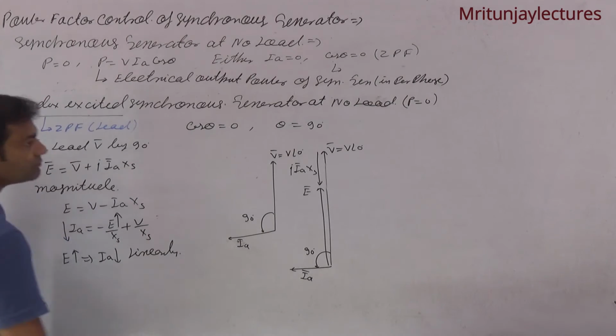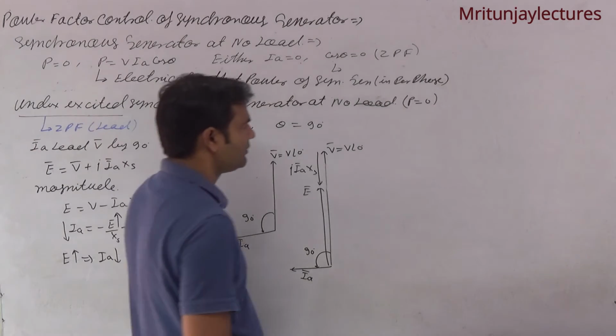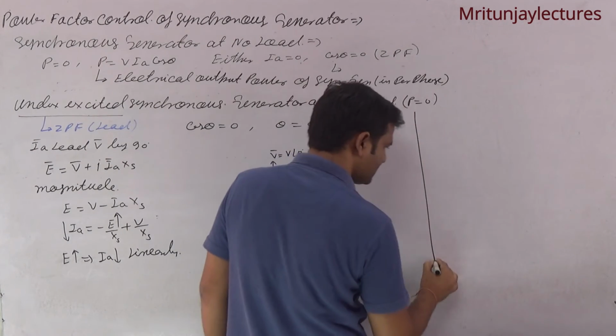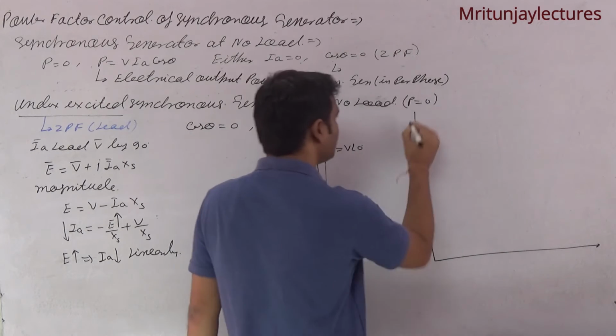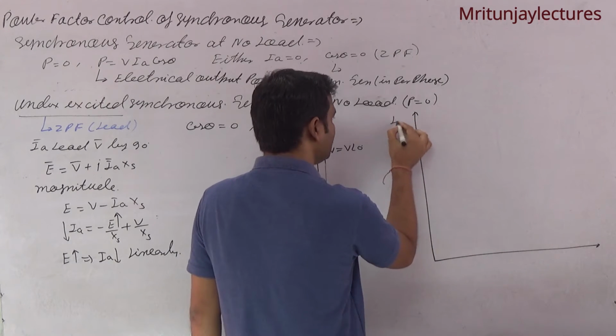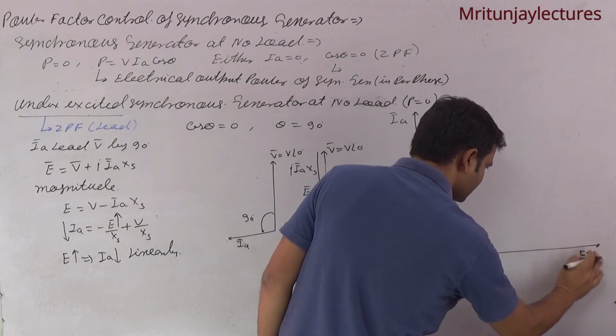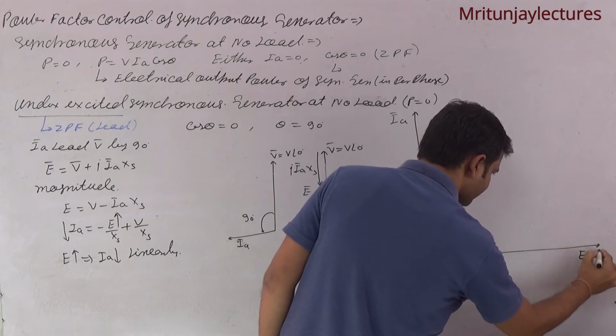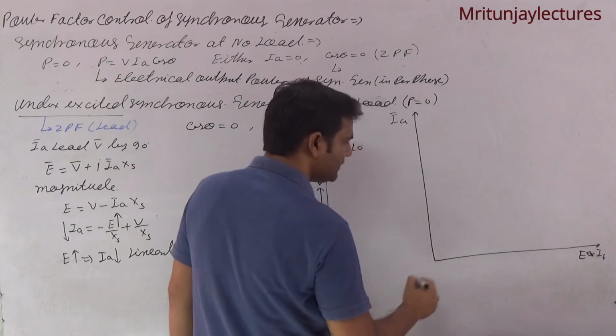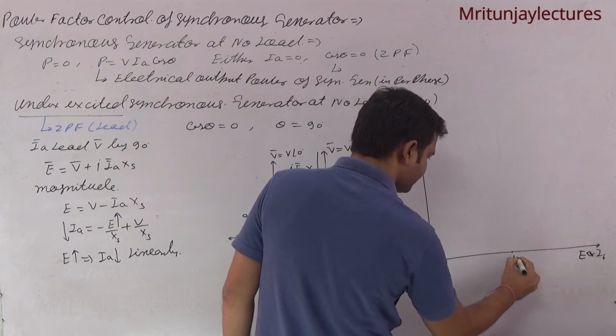Okay, now if you want to make the graph, that is I A versus excitation E, or you can say field excitation I F, and this one is E naught, or you can say I F naught.